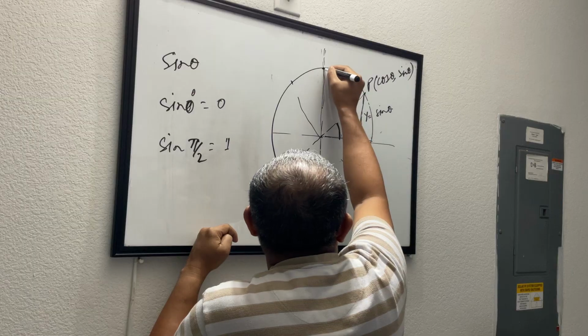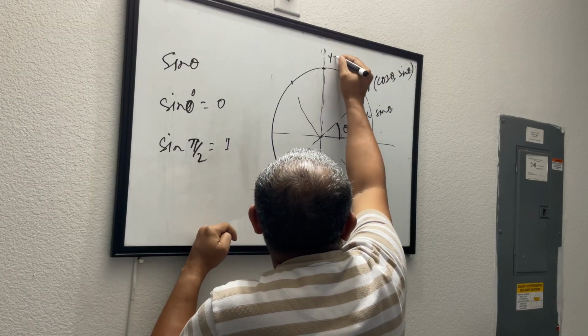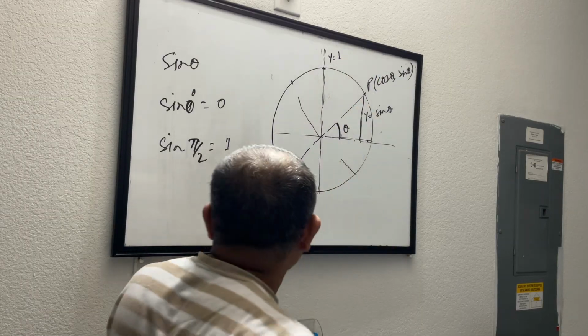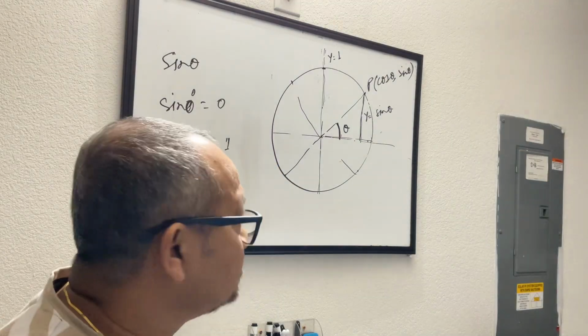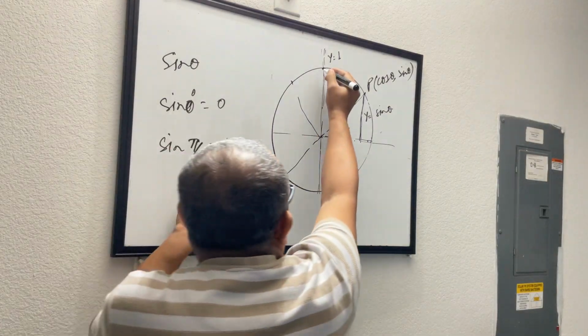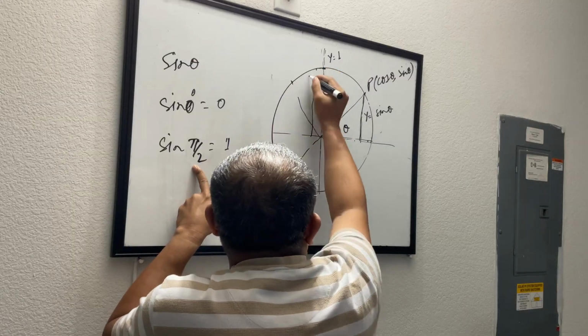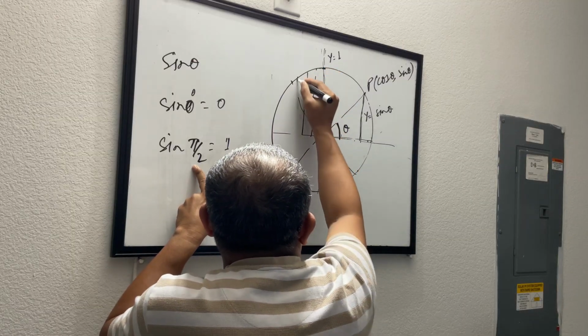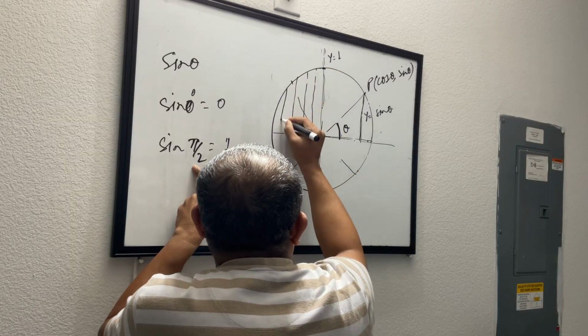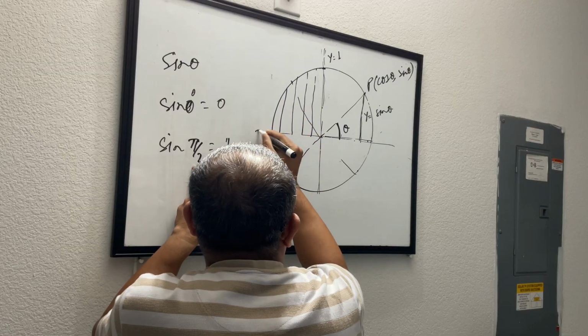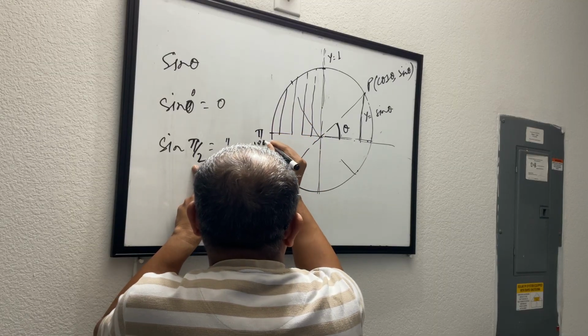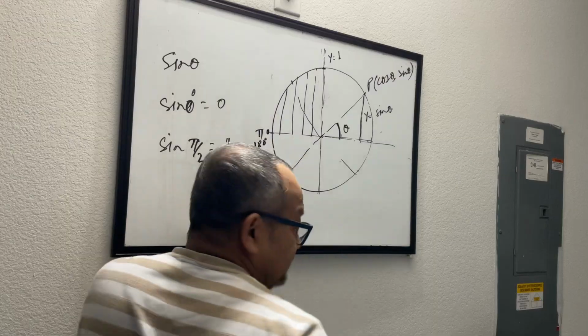This is my maximum of y, which becomes 1 for pi over 2. Then when I increase my angle, y decreases, and at pi or 180 degrees, it becomes 0 again.